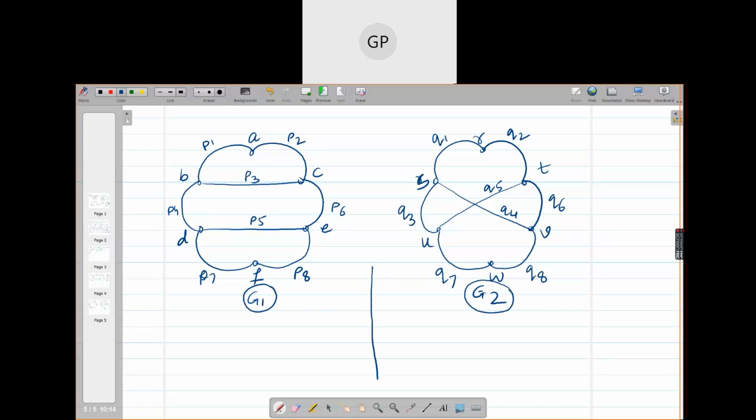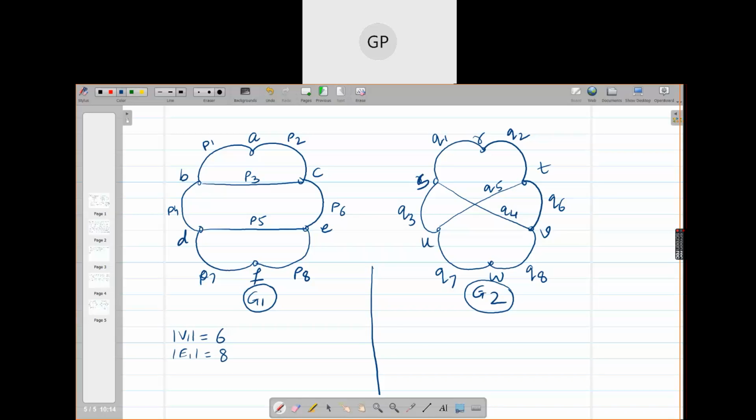Let us first check the necessary conditions. How many vertices are there in G1? Fast, girls. It's 10:14. Fast. 6. How many edges in G1? 8. I have named P1 to P8.